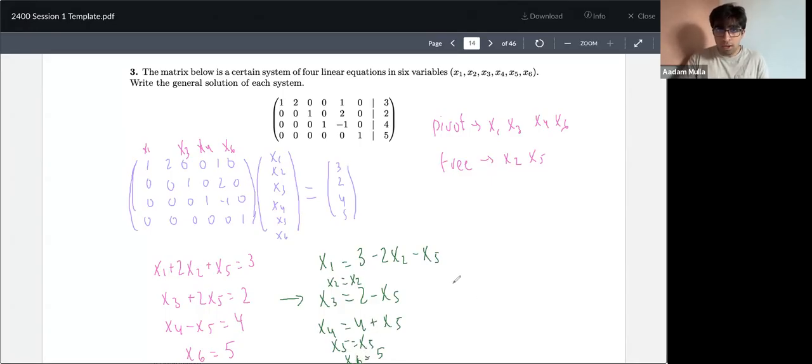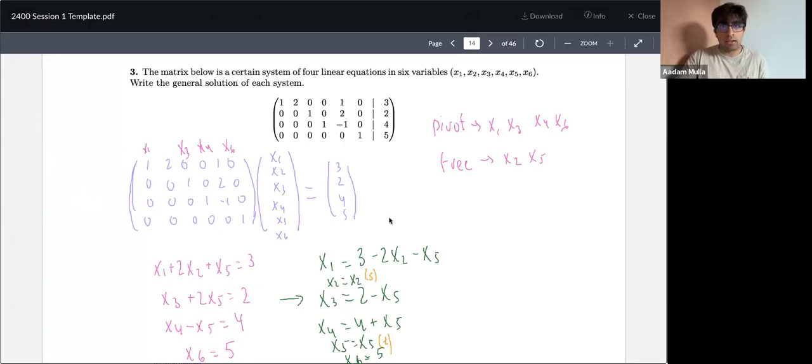So pretty much now, this is a solution. Let's rewrite it with parameters. Because we have two free variables, let's call x2 s, and let's call x5 t. Let's rewrite our solution a bit cleaner so it's legible.